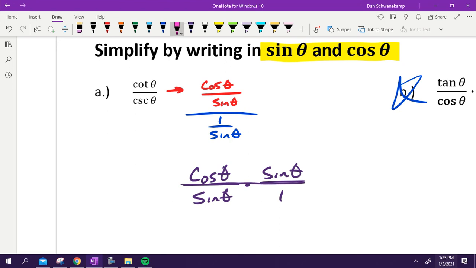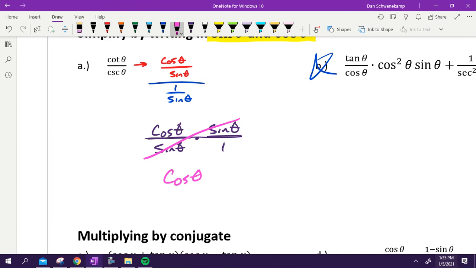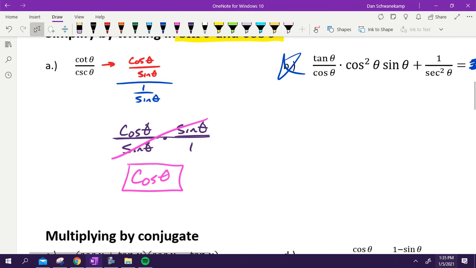What can I do to simplify now? The sines are gone. They got 1 on top, 1 on bottom. They can cancel. I am left with cosine theta. That is the simplified version of this problem. We kept simplifying until we got it by itself. Kind of makes sense so far.